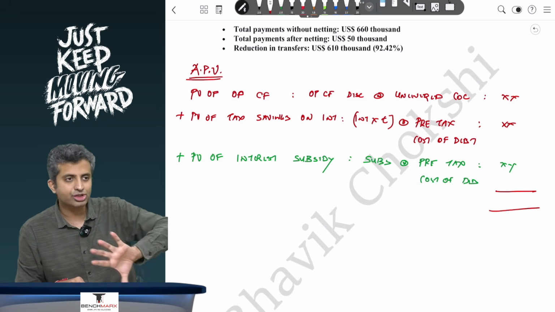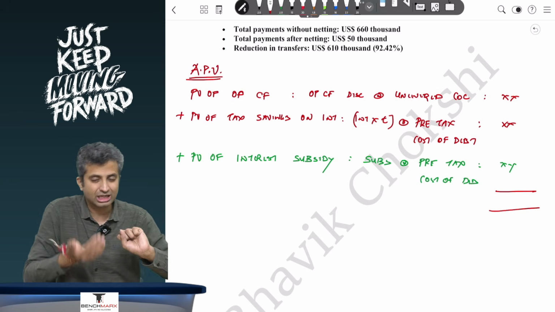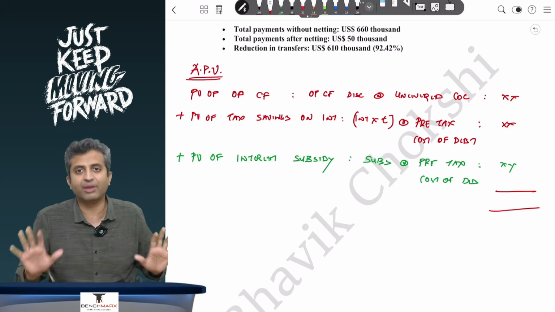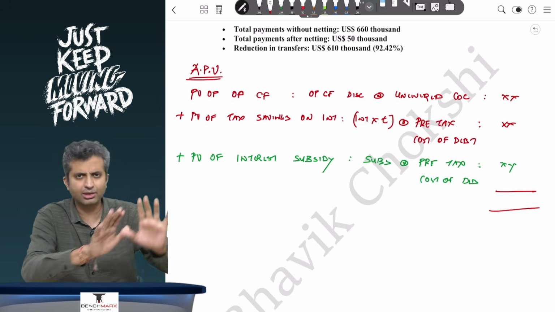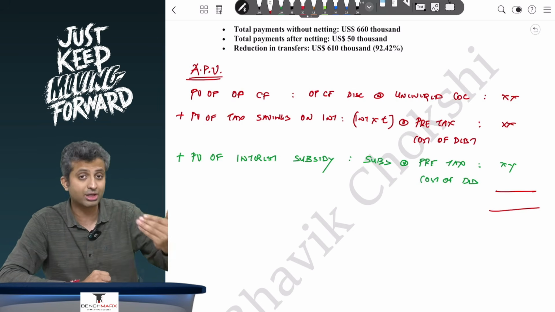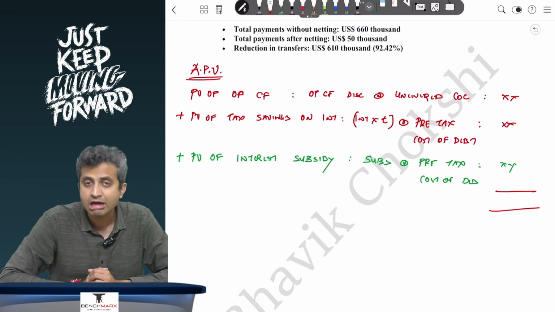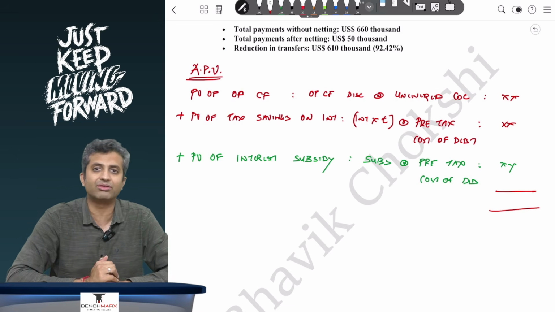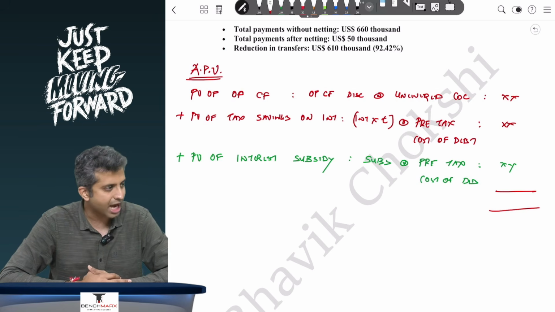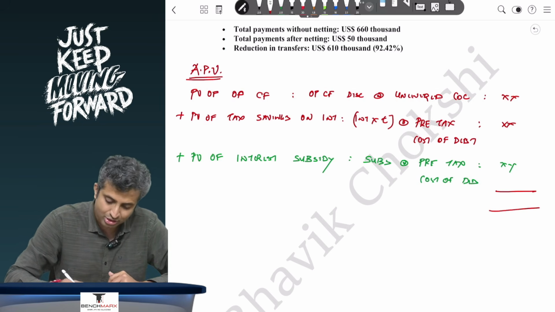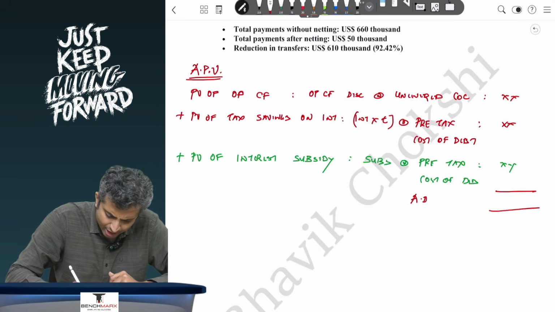Then you take the cash flows for interest, the tax savings on that separately, and the subsidy on interest, if any. In the May 26 question, there was no interest subsidy, but there could have been a concessional interest, in which case you will take the present value of the interest subsidy as well separately, and that will give you the adjusted NPV.